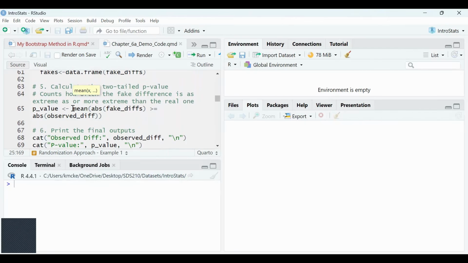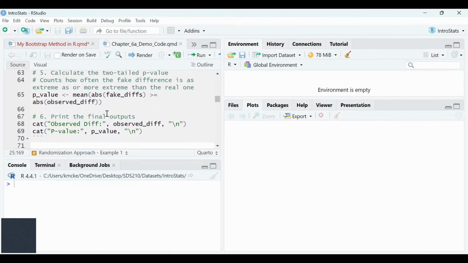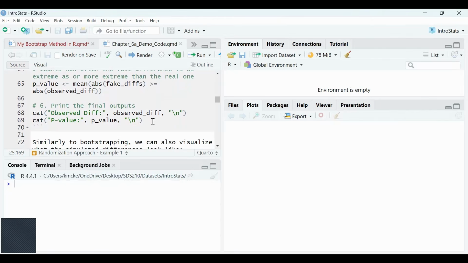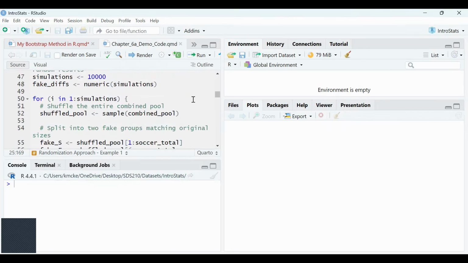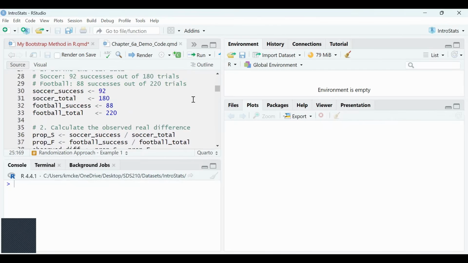And what we're doing here is we're looking at whether the absolute value of any difference, because we're doing a two-tailed test, is greater than the absolute value of the observed difference, okay? Because it can be extreme in one direction or the other. So we're counting those and taking a mean, and then we're going to turn that into a p-value statement and print that. Okay, so there's a lot happening in this code chunk in a great big long sequence.